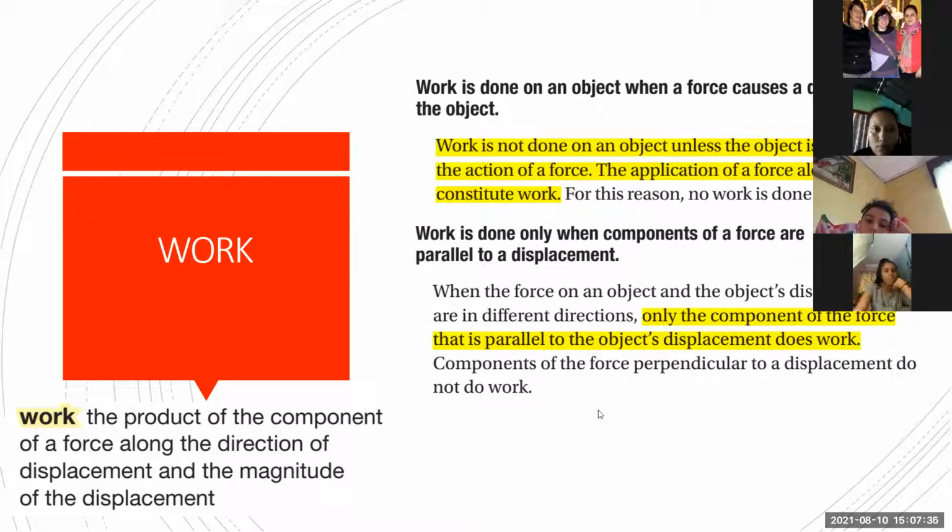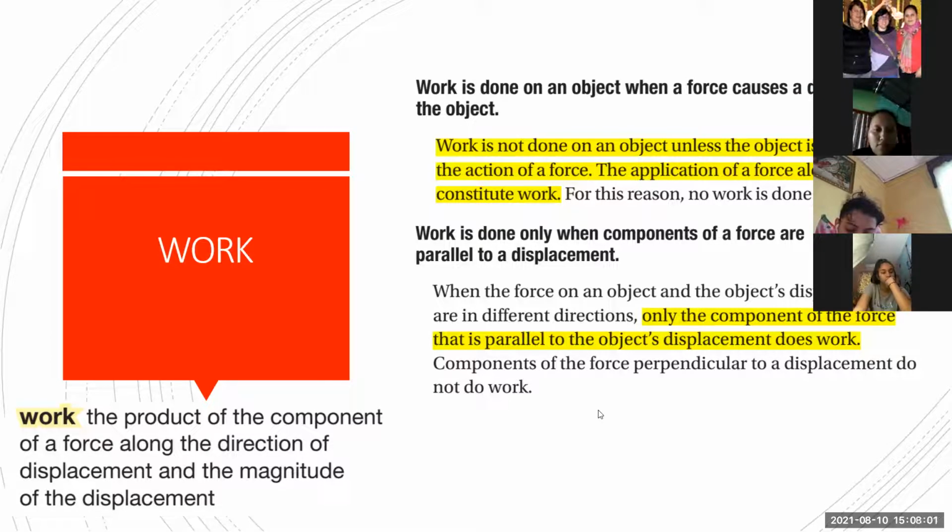But in the end, when you say the product, it is the multiplication of the component of the force along the direction of the object. So if the object is moving horizontally, you're going to get the horizontal force component, okay?